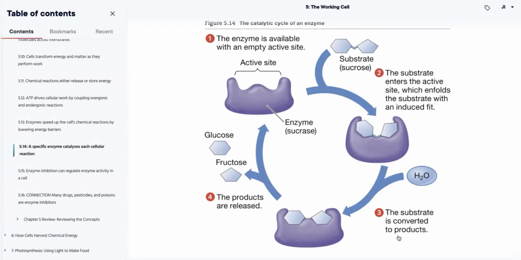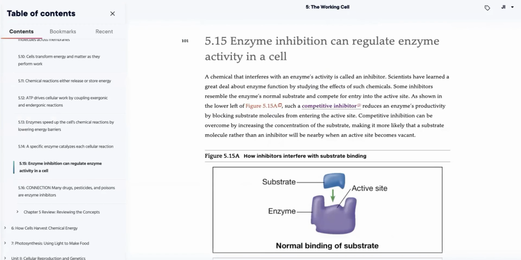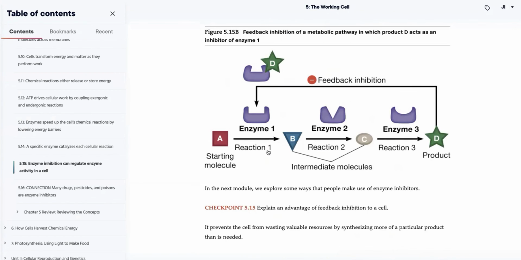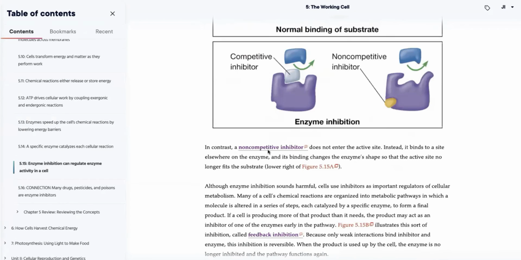textbook and move forward. I'm going to gloss through this a little bit, but enzyme inhibition actually is a pretty substantially important topic.